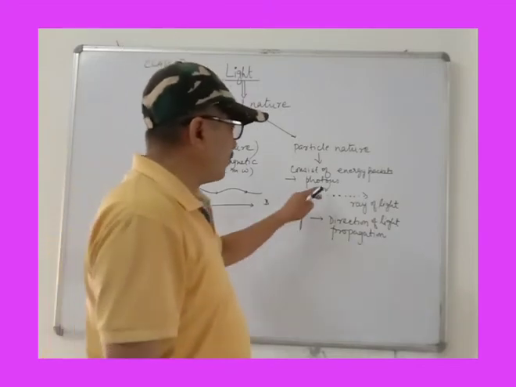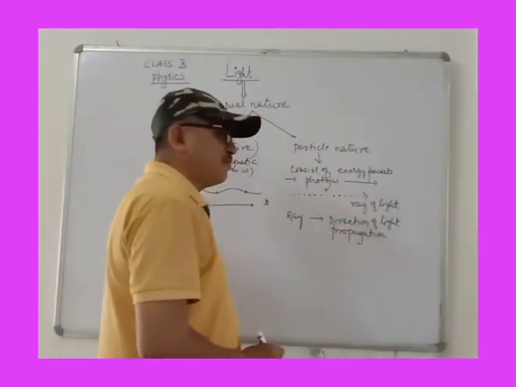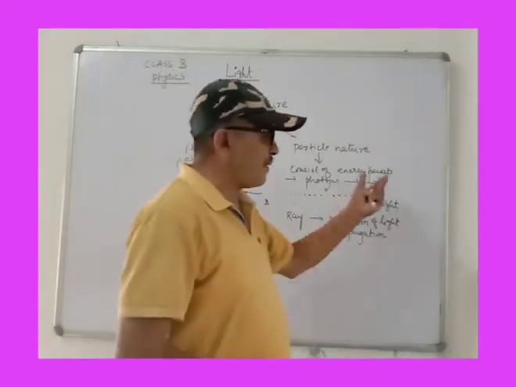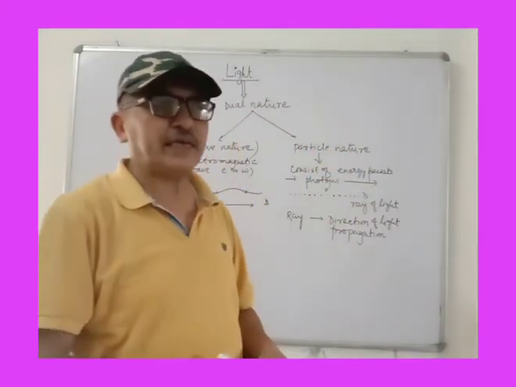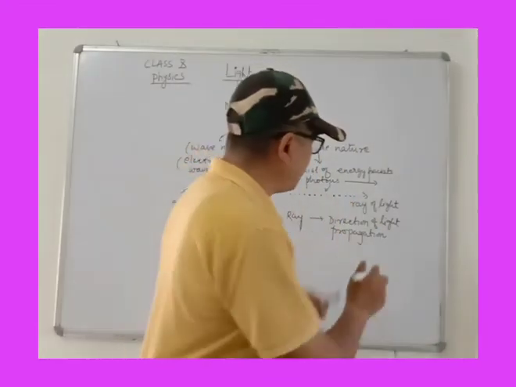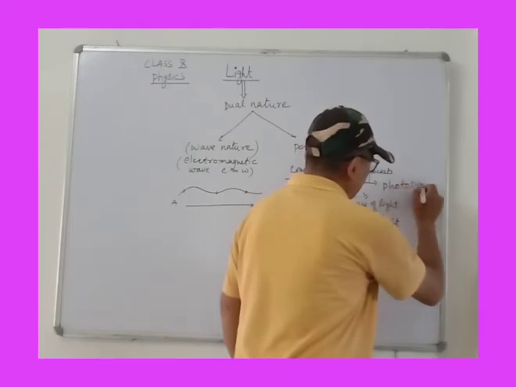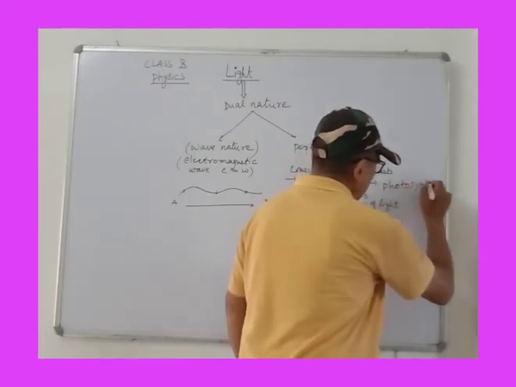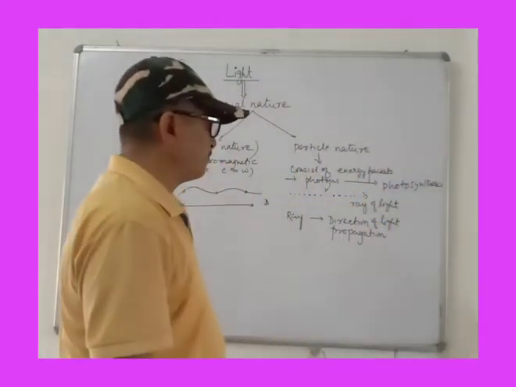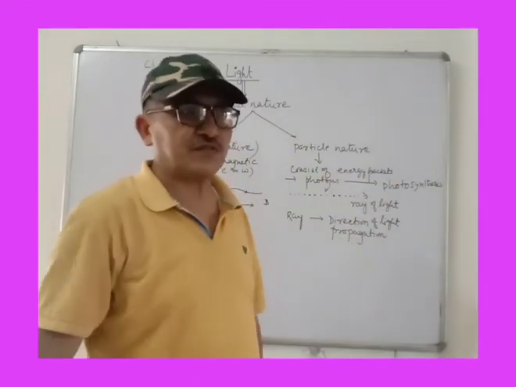Okay, now one thing you understand, photons means energy packets. These energy packets are absorbed by green plants during photosynthesis. That's why the name is photosynthesis. Synthesis of photons. Collection of photons.